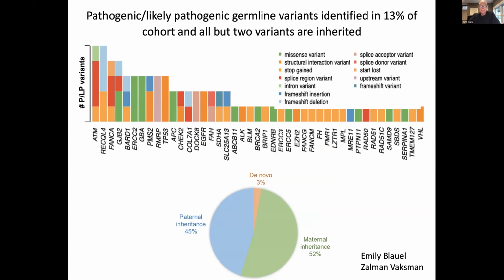And the other very important finding that was somewhat surprising, at least to me, is that in all but 2 cases, these germline variants were inherited from one of their parents. And the big focus of our work is now overlaying polygenic risk scores to understand how these Mendelian variants are influenced by common variation and why the kids got the disease and not their parents.